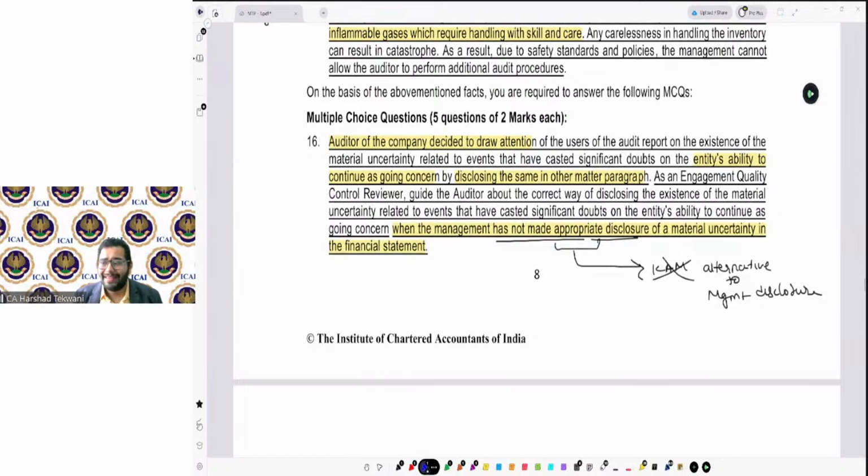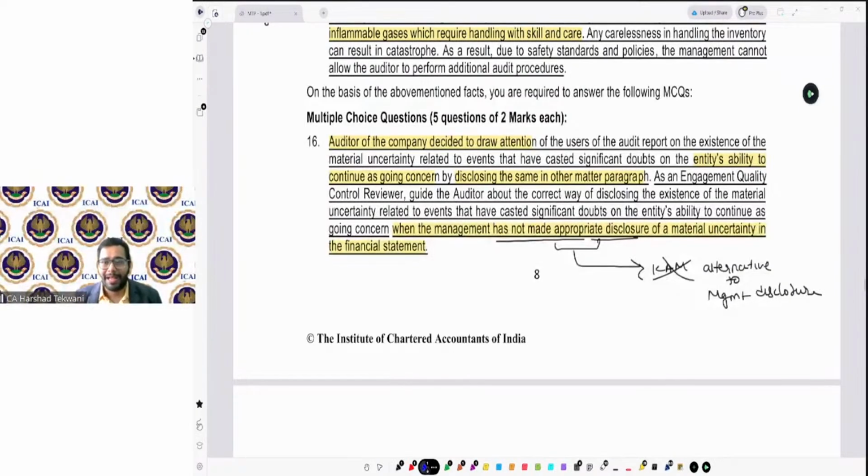If, for example, I am not able to rely upon the work of the component auditor because the auditing framework is different from the auditing framework I require, then I need to advise the component auditor to perform the work in such a way that I can rely upon it.